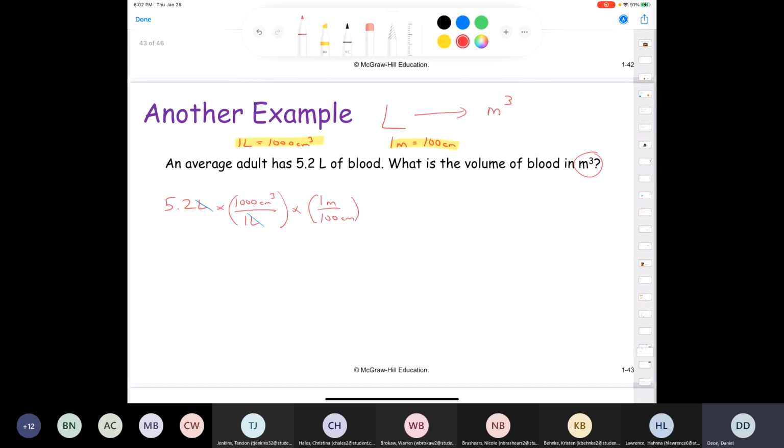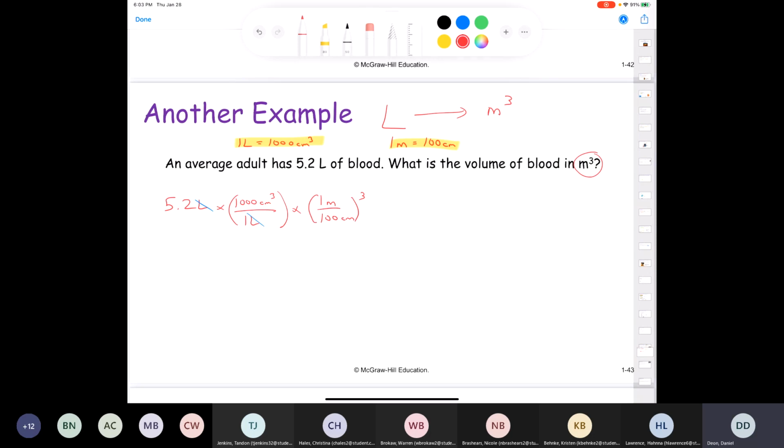But if I cube this entire thing, then I'm going to get 1 meter cubed over 100 cubed, so 100 to the power of 3, which is equal to 1 times 10 to the 6th centimeters cubed.